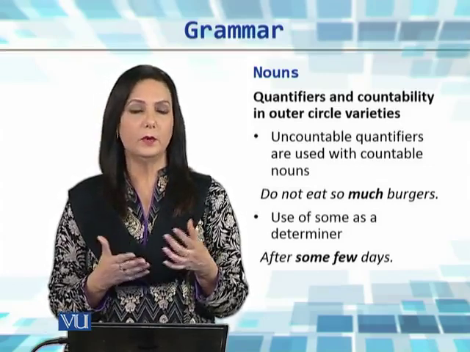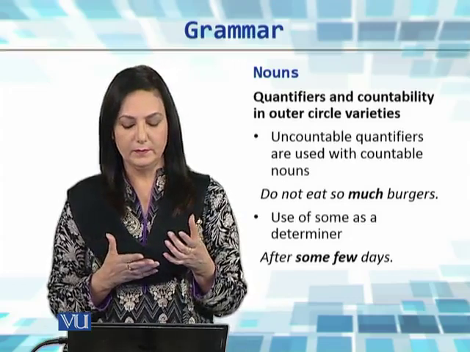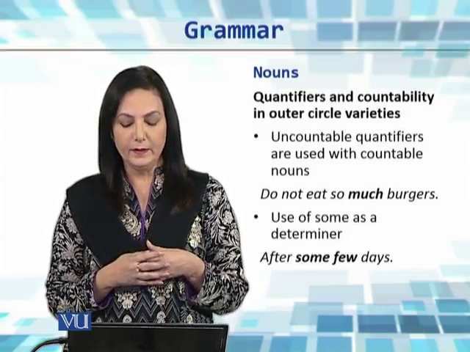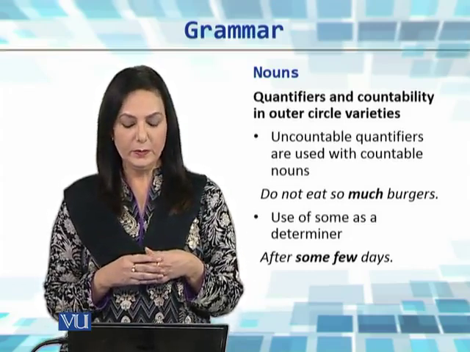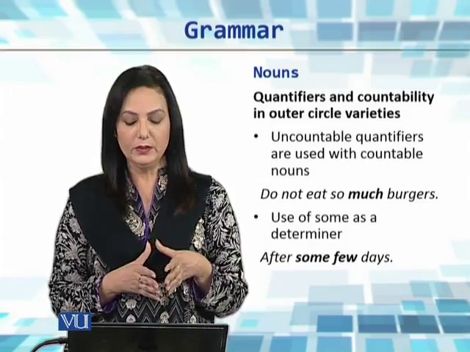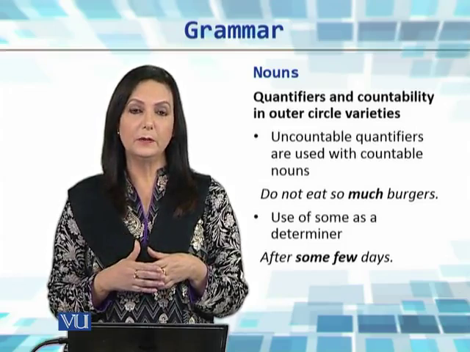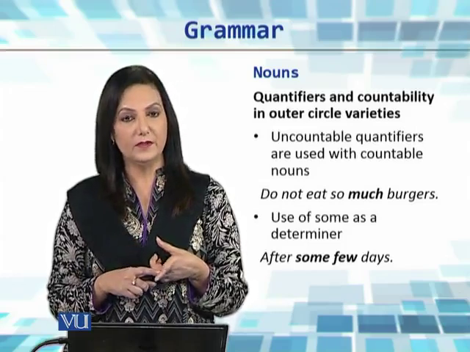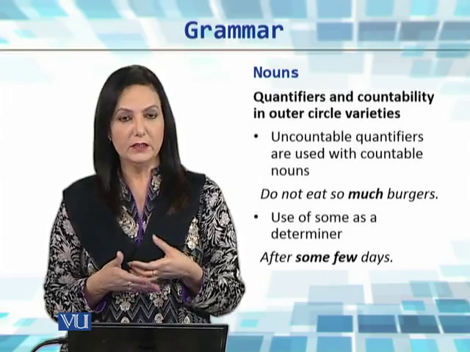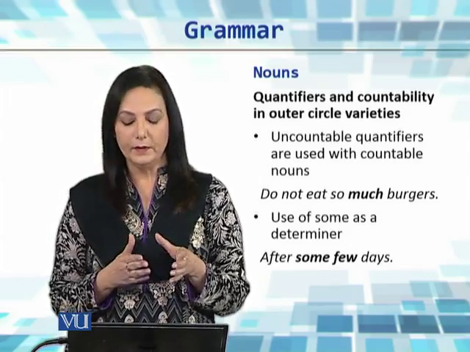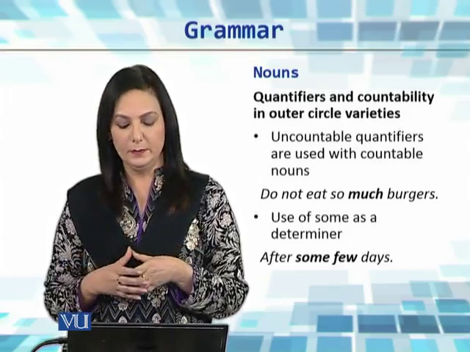For example, much water, much sugar, much worry, etc. But in outer circle varieties of English, we come across sentences like don't eat so much burgers, where burgers is a countable noun and should take a countable quantifier, that is many. But we come across such sentences where an uncountable quantifier is used with a countable noun.